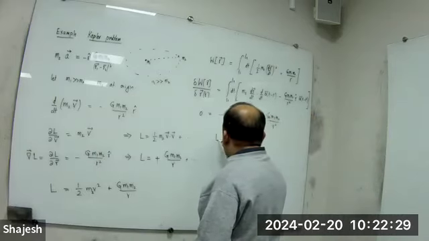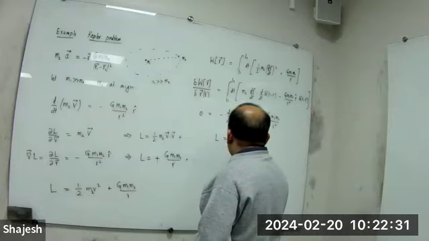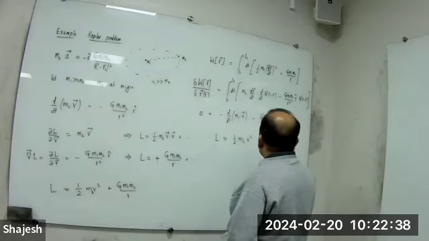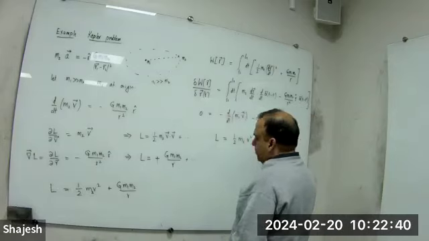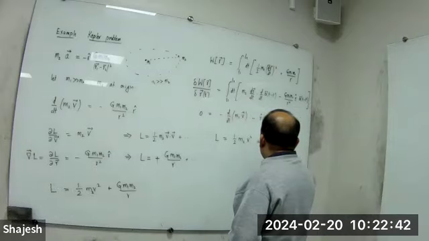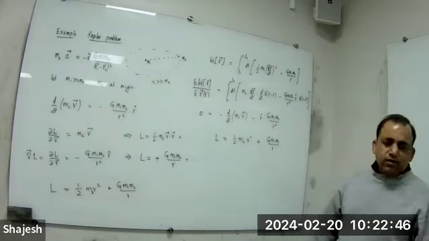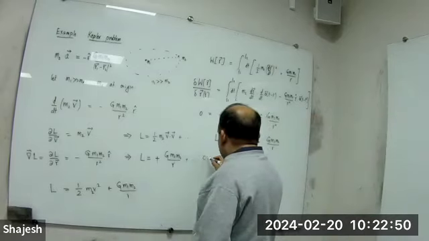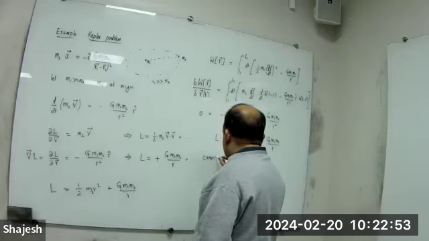So write the Lagrangian again: half m2 v squared minus the potential, so it's plus, right? Plus G M1 M2 over r. What's the canonical momentum? Canonical momentum, let's write it again.